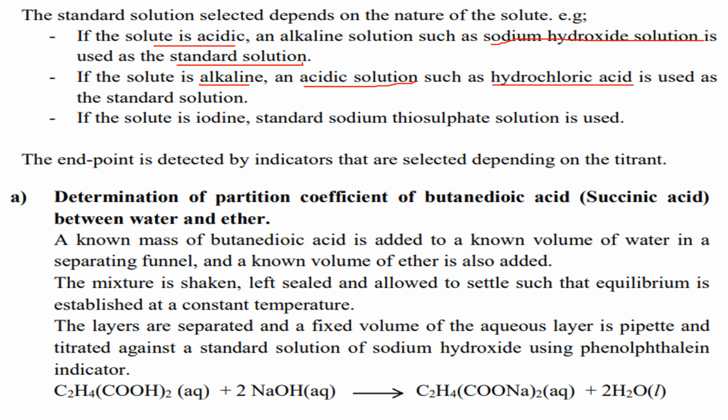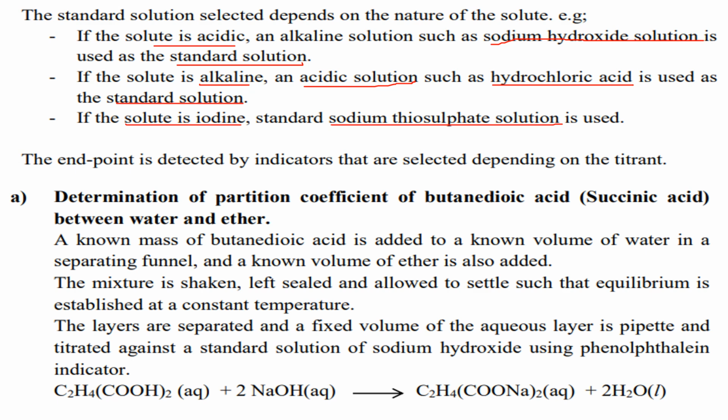And if the solid that is being used is iodine, remember that with iodine we don't know whether it's acidic or alkaline. So whenever we are using iodine, the standard solution we always use is sodium thiosulfate.